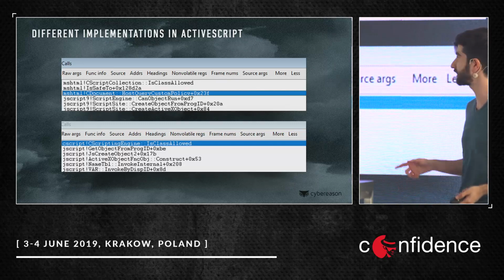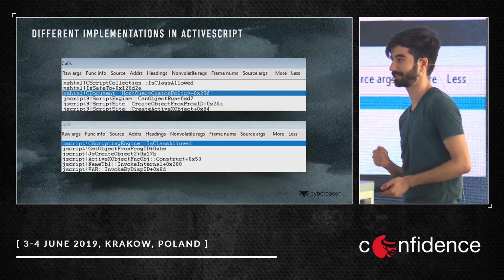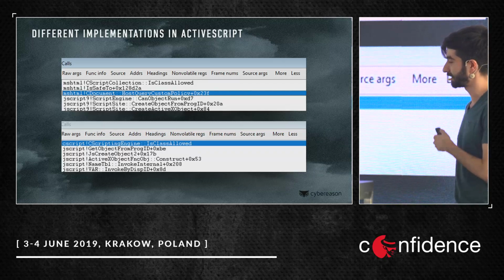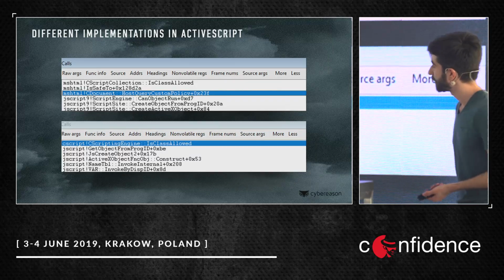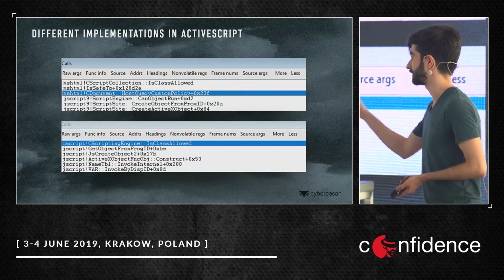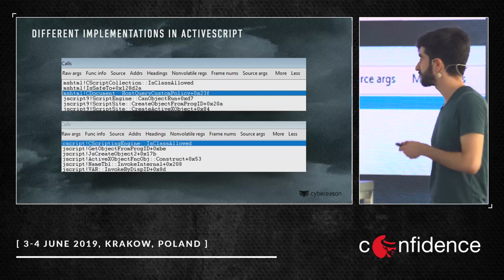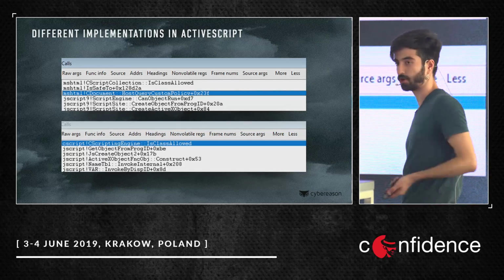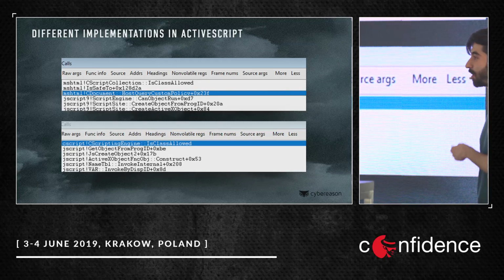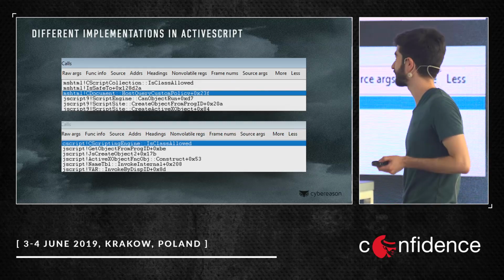And MSHTML decides, oh, and I also need to call is class allowed, which is our treasured Device Guard function. On the bottom image, you can see something a bit different. We have JS create object in JScript.dll. We have get object from prog ID, and is class allowed is called directly. Now, both of these work, but this small difference is, as I said, the basis for the vulnerability.